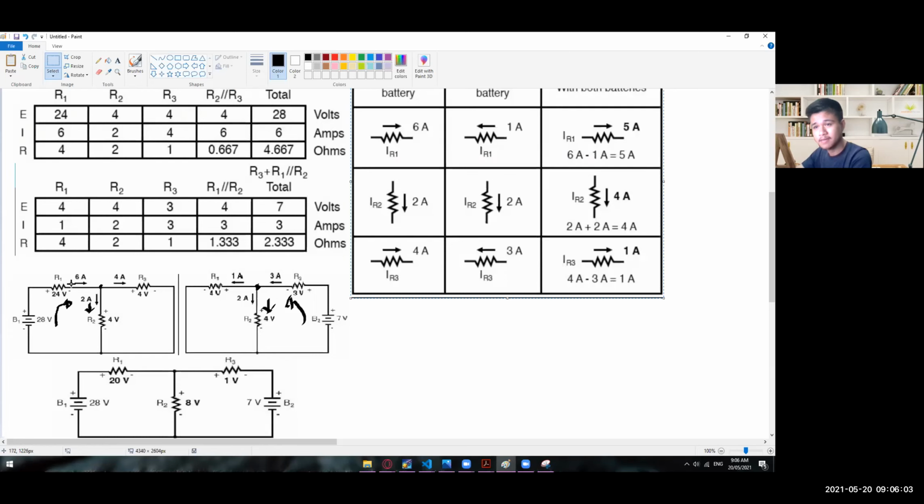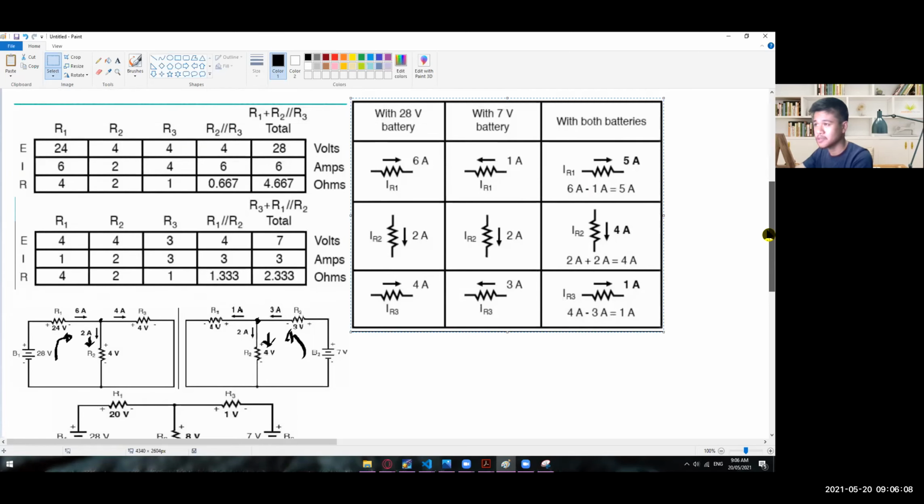So we have 6 amps going here and then 1 amp going here. So it is now obvious that whichever one is higher is the one who's going to dominate the flow of current. So IH minus IL. In here we have 6 amps minus 1 amp, which is equal to 5 amps.